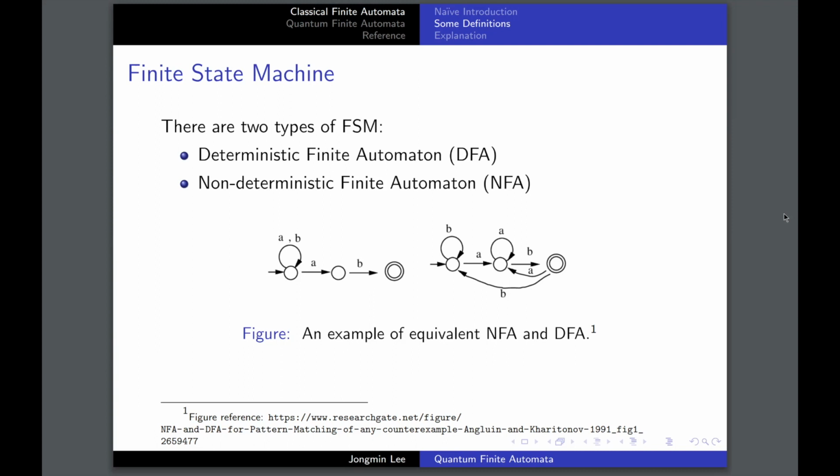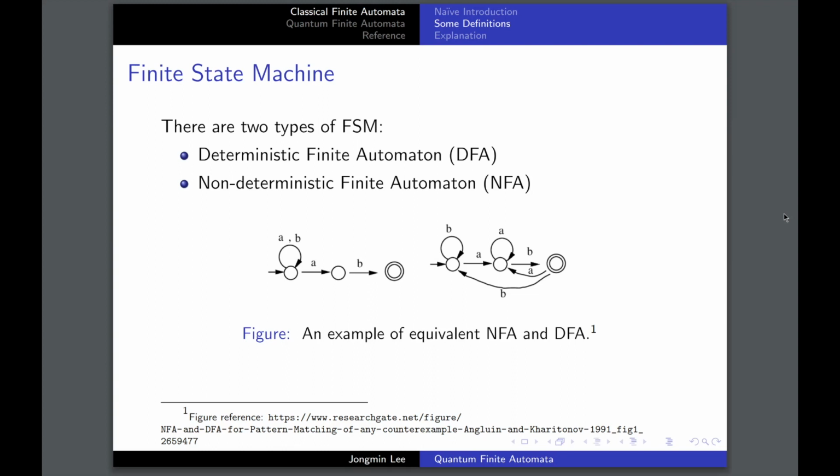One is the deterministic finite automaton, and the other is the non-deterministic finite automaton, DFA and NFA respectively. This is an example of an NFA, and this is an example of a DFA. In the NFA, when it gets A, we don't know where it goes; maybe it remains in its place or goes to the right state.